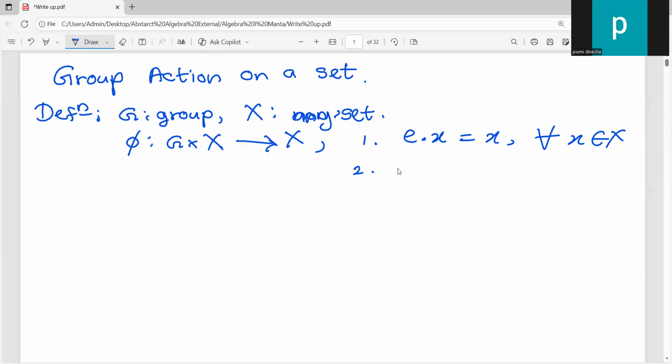And the second condition being G1 G2 dot X equals G1 dot G2 dot X, for every G1, G2 that you take from the group and any element X.